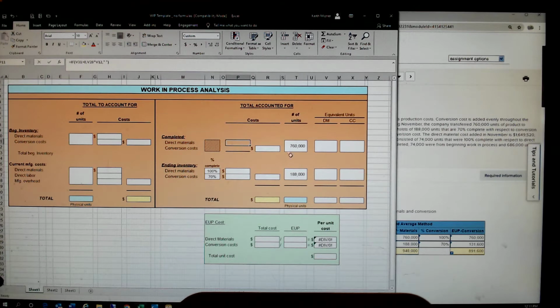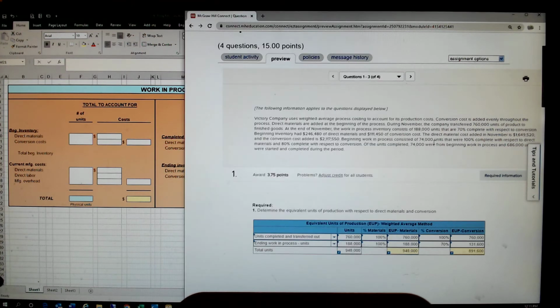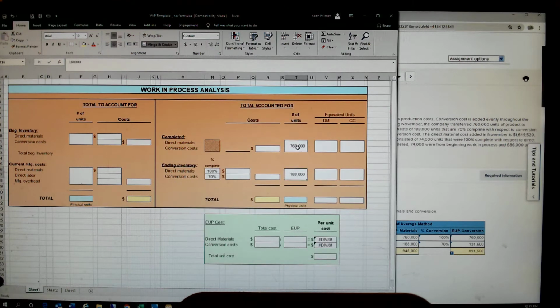Okay. Now, where else does it talk about units? So we've got this side done. We know that we finished 760,000 and there's still 188,000 here. But how many of those were from beginning inventory and how many were actually started?